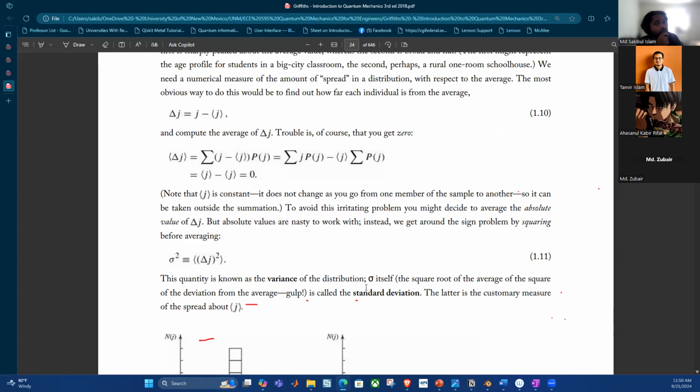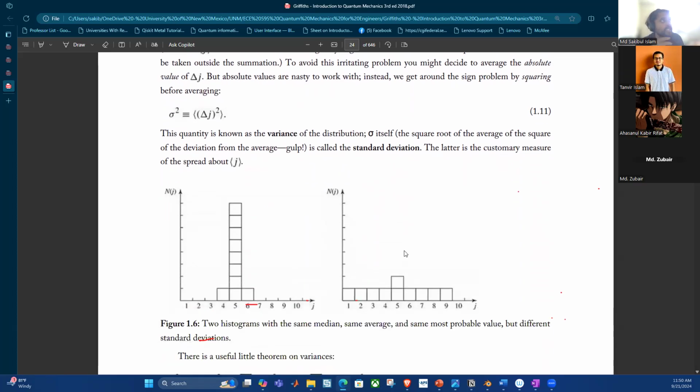I'm from an electrical engineering background, and I had a statistics course in undergrad, and understanding standard deviations gave me a very hard time. So the variance is the average of the square of the spread, and the standard deviation is the square root of that.